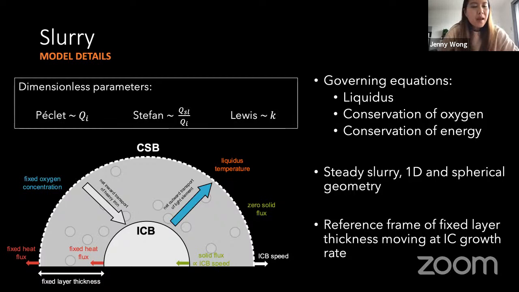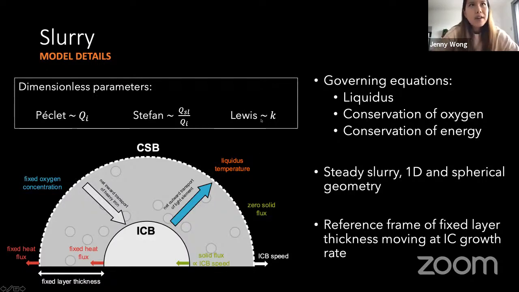So what I've done is convert these equations into a dimensionless system. The parameters that I'm really interested in looking at in the results that I'm going to present you are the Péclet number, which basically corresponds to the amount of heat flux coming through the bottom, the Stefan number, which is controlling the amount of heat that comes out the top.